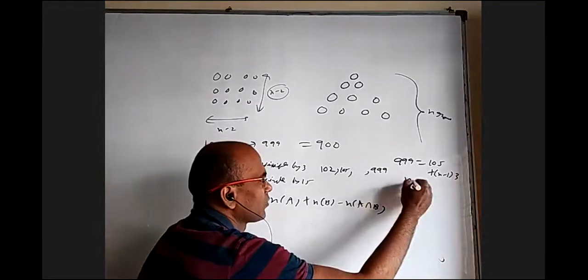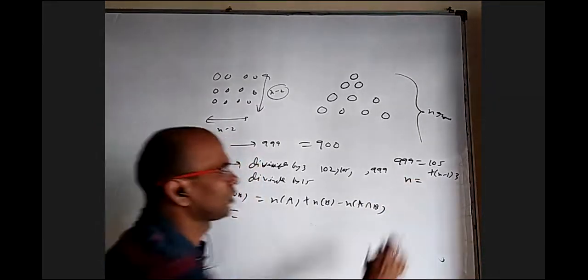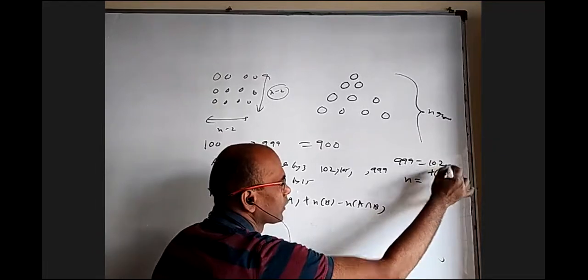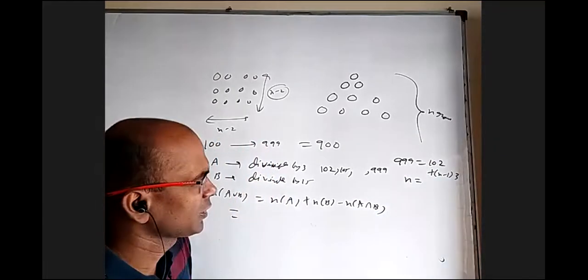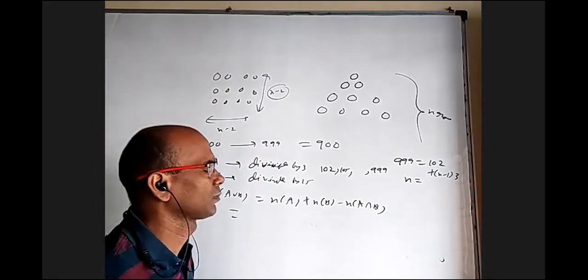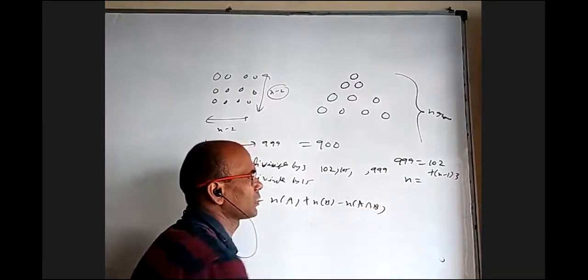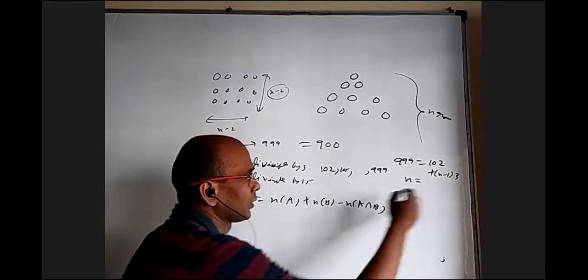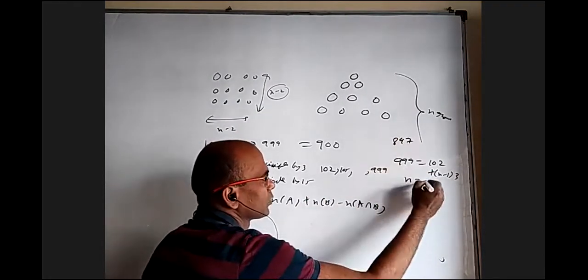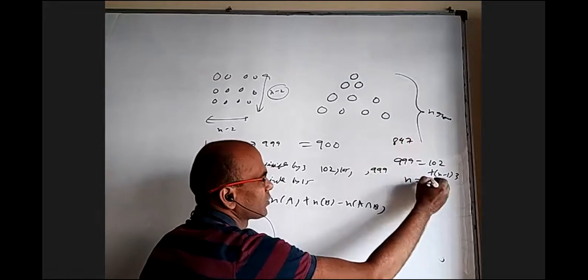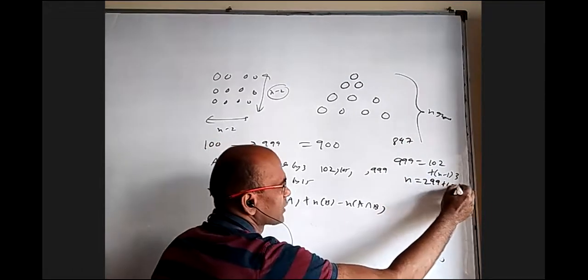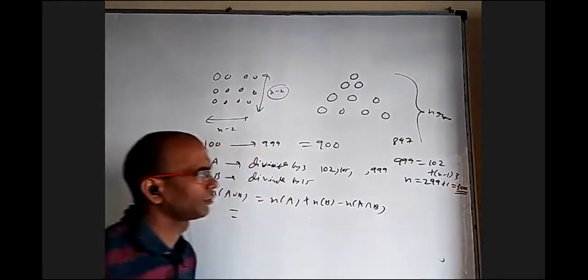From that n will come. That is 897. 897 by 3, what is 897 by 3? 3 2s are 6, 29, so 299 plus 1. So there are exactly 300 numbers.